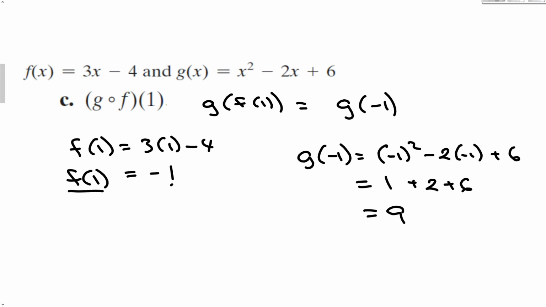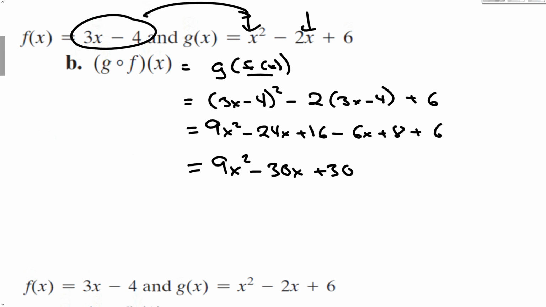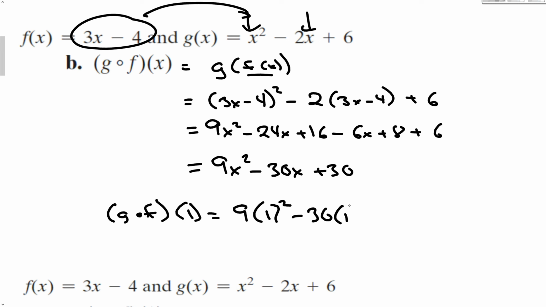So if I wanted to find g of f of 1, I could have plugged it right into this function because that's g of f of x, which would give me 9 times 1 squared minus 30 times 1 plus 30, which is 9 minus 30 plus 30, which is just 9.